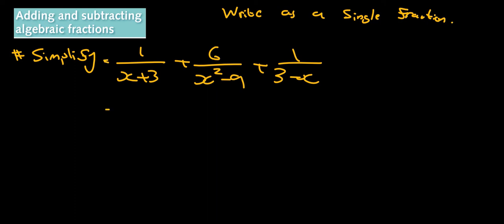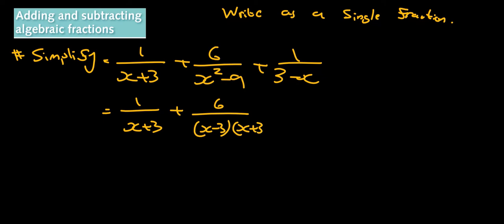Okay, so hopefully you've done that now. This is a difference of two squares. And you can notice here that we have an x subtract 3 and we've got a 3 subtract x. Now this is a trick which is used throughout maths. If we multiply the numerator and the denominator by -1, we get what we want.